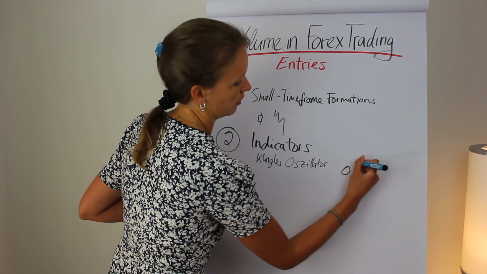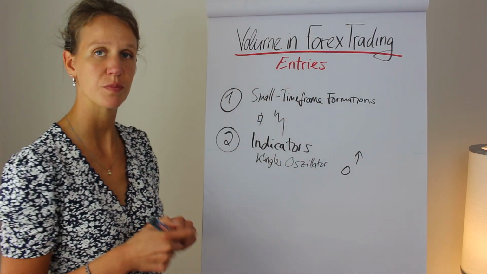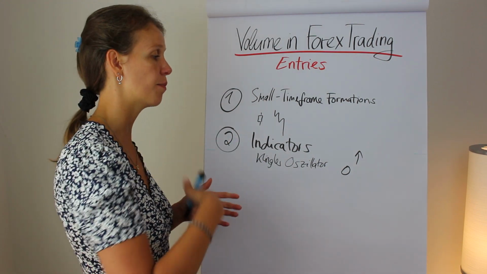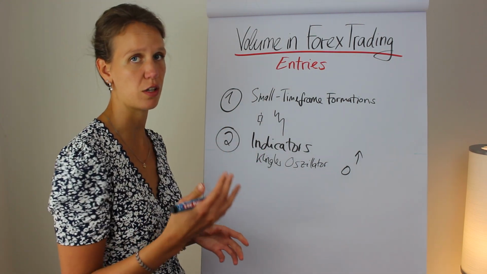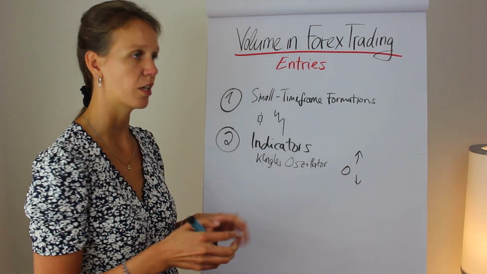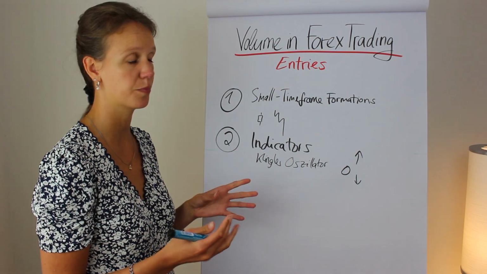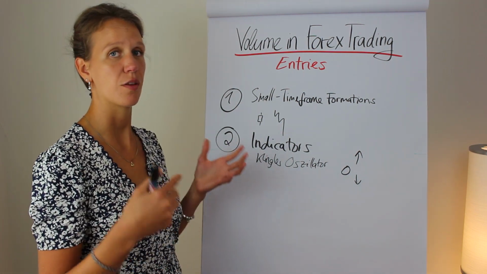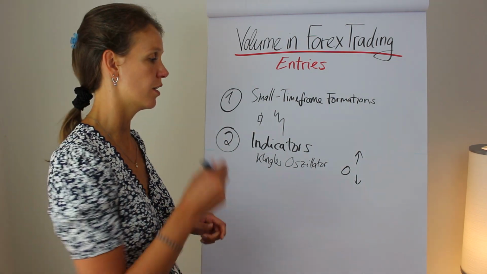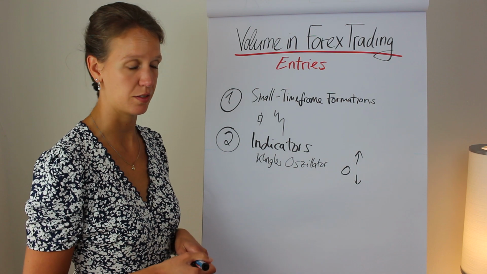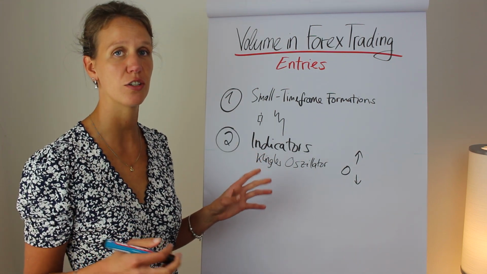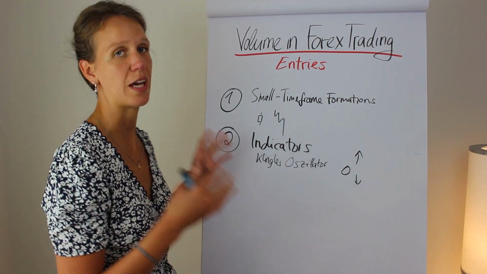So above 0, there's a bullish volume, and the more above, the stronger the volume is. And below 0, it tells you that there's a bearish volume. And of course, the more into the minus, the stronger the bearish volume is. It's a simple oscillator, but it helps a lot to analyze the market.